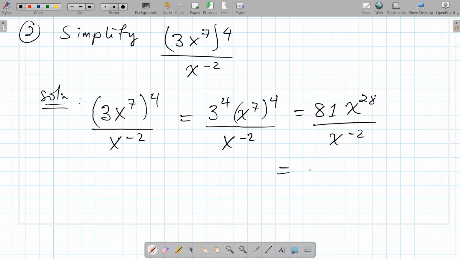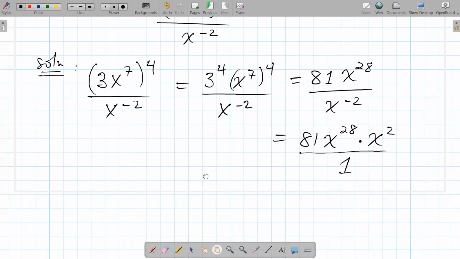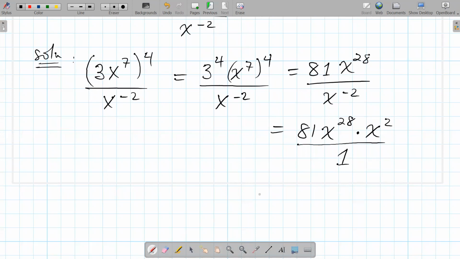So this is how it's going to be: 81 x to the 28 times x to the positive 2. And because it's moving, it leaves 1 behind. But again, anytime you divide anything by 1, it is the same thing. So this is still going to be what? 81 x to the 28 times x to the 2.